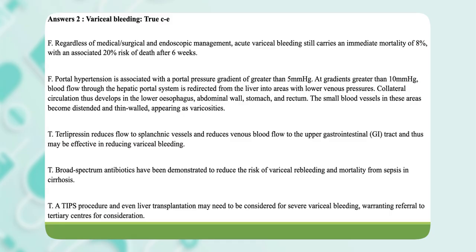If hemodynamically unstable, then do an intubation and plan for CT angio. If hemodynamically stable, then plan for endoscopy, and see if it is variceal or non-variceal. If it is non-variceal, then you have to start the PPI infusion, keep your hemoglobin target more than 7, and do the endoscopy as early as possible.